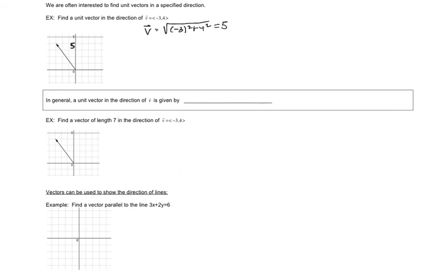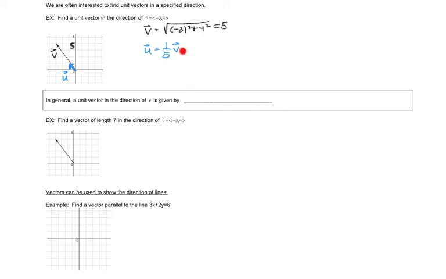I want a vector that's in the same direction, but only length 1. I'm going to call it u, unit vector. So I need something that is 1/5 as long as v. Right? So my vector u would be 1/5 as long as v, because that's how scalar multiplication works.